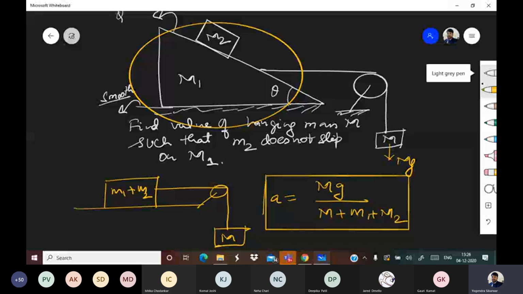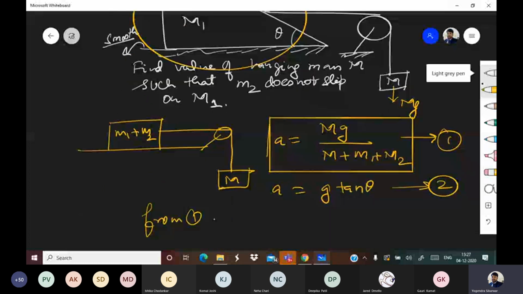This a is g tan theta. We have just learned that. So this is equation number 2. So from 1 and 2, what should be the case? Capital Mg upon M plus M1 plus M2 should be equal to g tan theta.